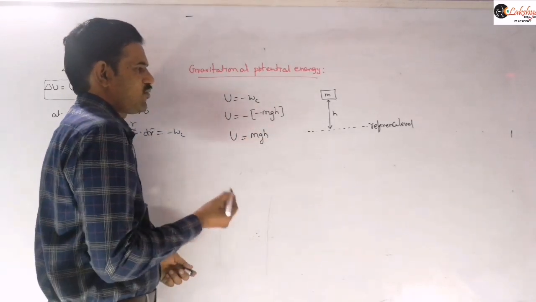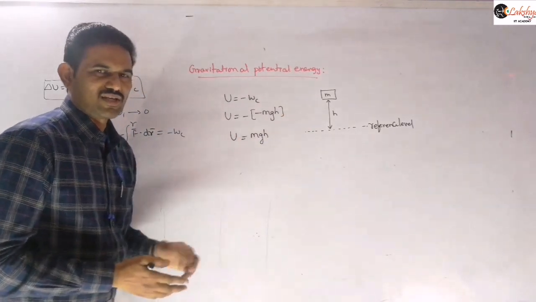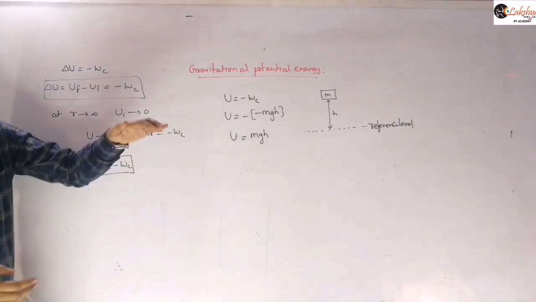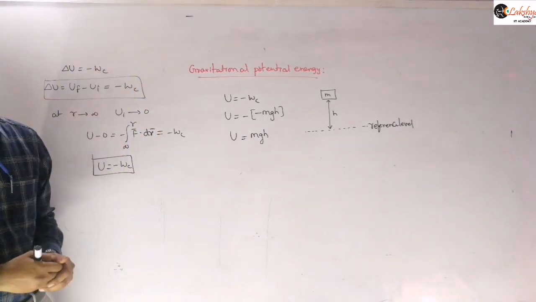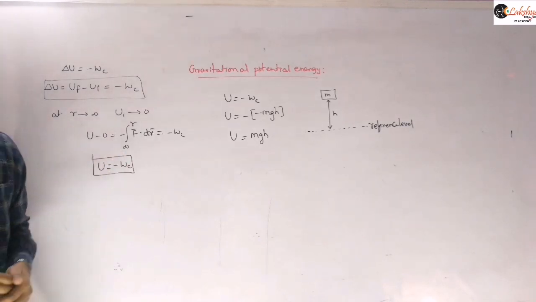That is the gravitational potential energy of this object: when the object is at a height of h above the reference level, its gravitational potential energy is mgh.